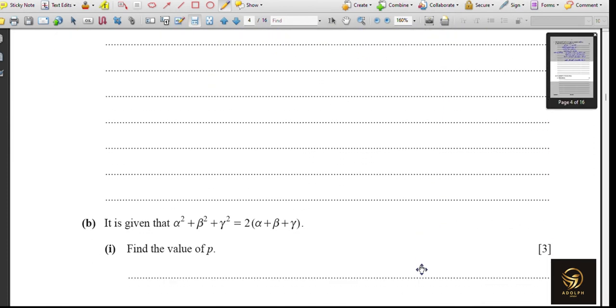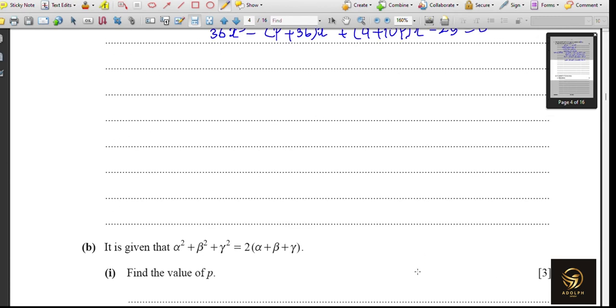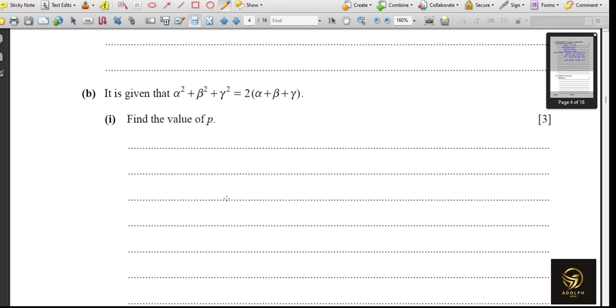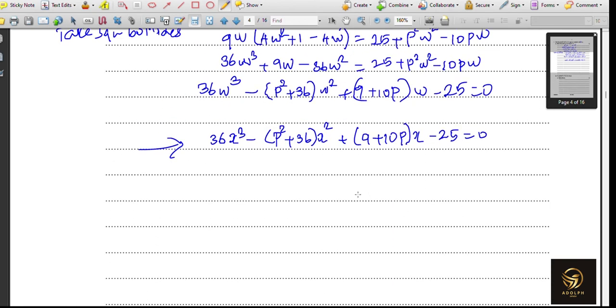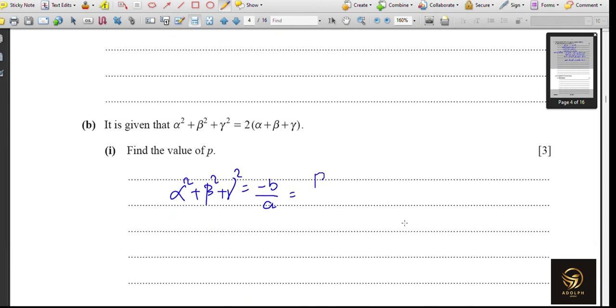It is given that alpha square plus beta square plus gamma square is the sum of roots of this equation. So alpha square plus beta square plus gamma square, we know that it is negative b by a, and in this negative b by a, negative into negative is positive. So p square plus 36 divided by 36 is the answer.